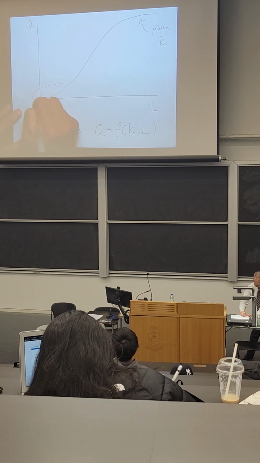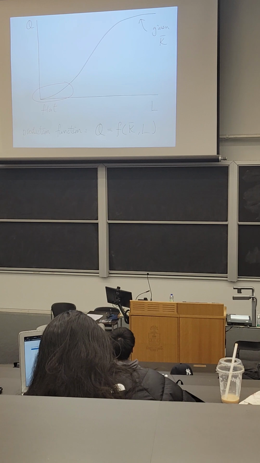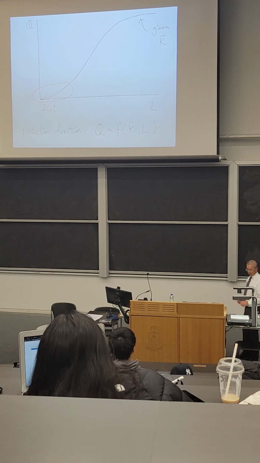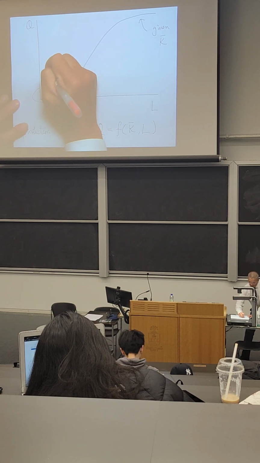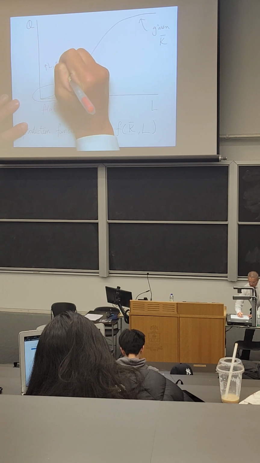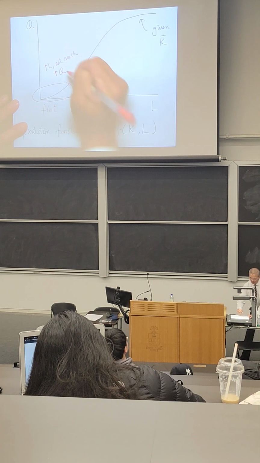And down here, this is quite flat. This production function, that is how much labor input you use and how much output you can produce, this is flat. That means increased labor input, not much increase in output.